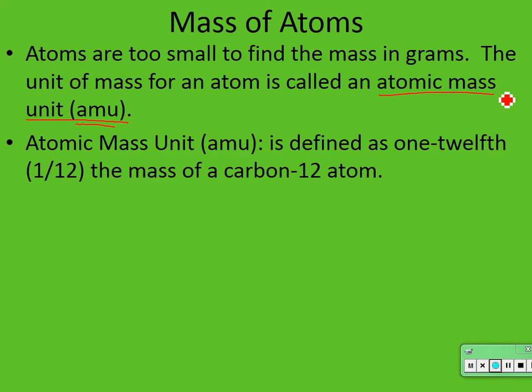So what's an atomic mass unit? 1 AMU is defined as 1/12 the mass of a carbon-12 atom. It's relative to the carbon-12 isotope.